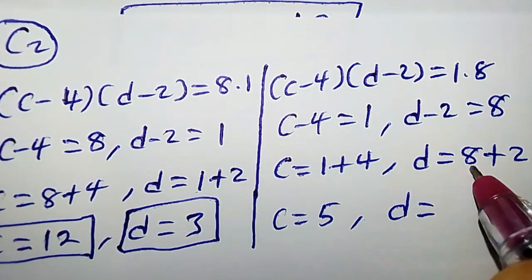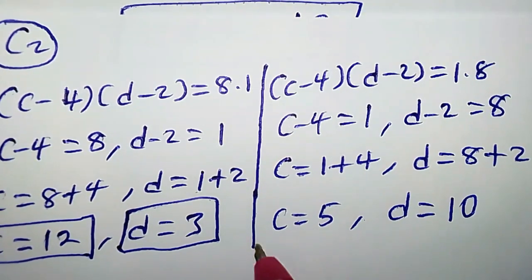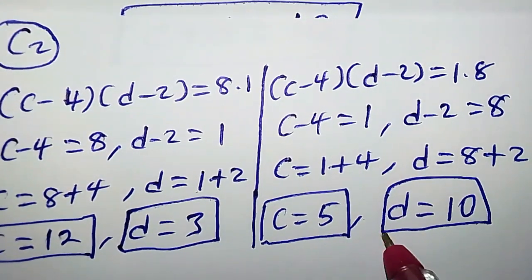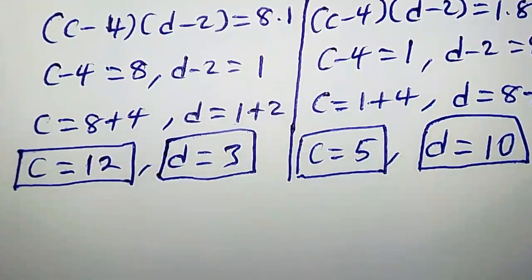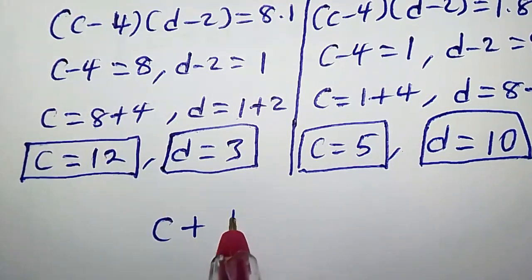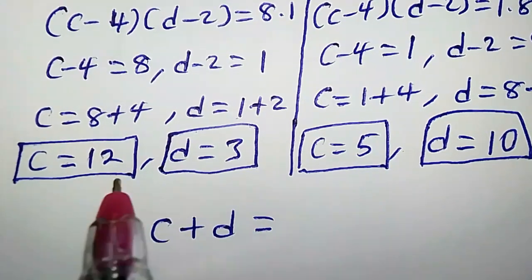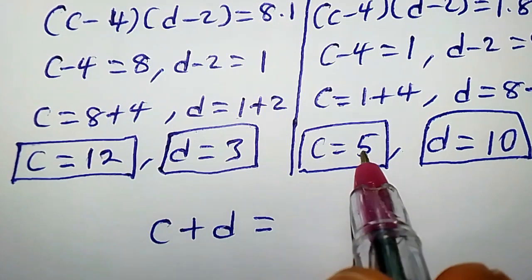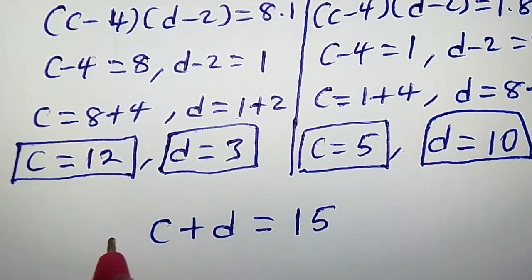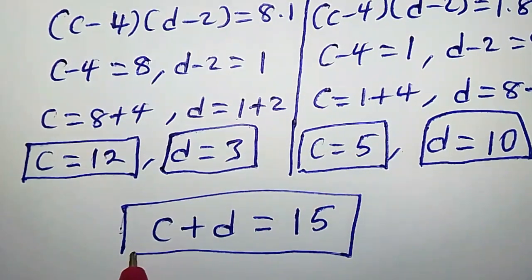D equal to 8 plus 2, that is 10. This is the value of C, and this is the value of D. You will see that if we add the value of C and D, C plus D is equal to 12 plus 3, that is 15. 5 plus 10, that is 15. So C plus D is equal to 15 for case 2.